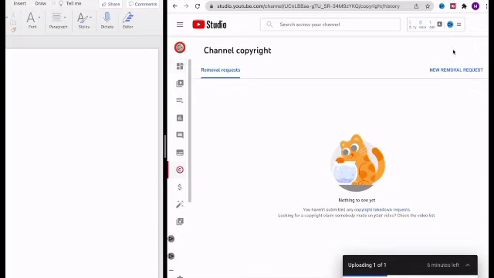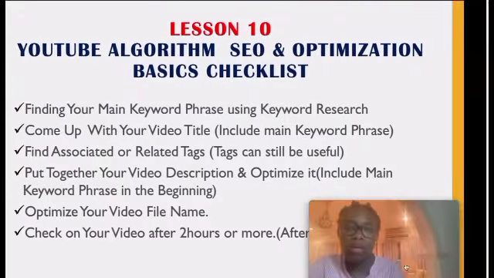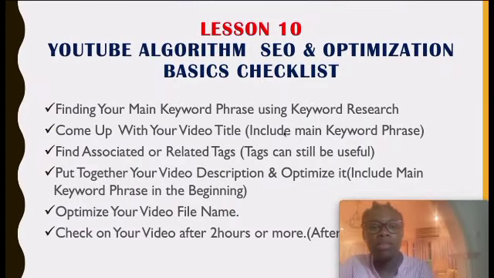You can refer to that lesson where we put in those tags, and then you should be able to do that. So your title should include your main keyword phrase, as we've said, and then you find associated tags which you can use.